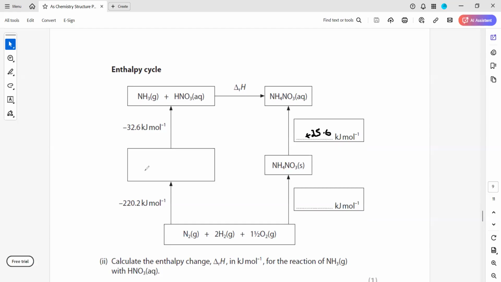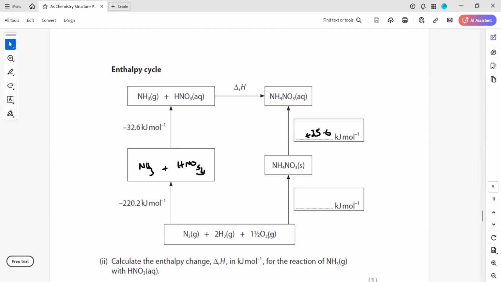When nitric acid HNO3 liquid is there, ammonia is still there, plus nitric acid liquid turns into nitric acid aqueous. And here this is the formation of ammonium nitrate.